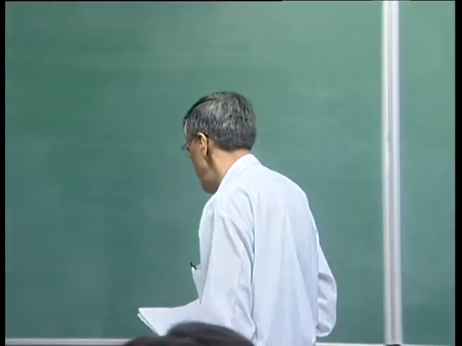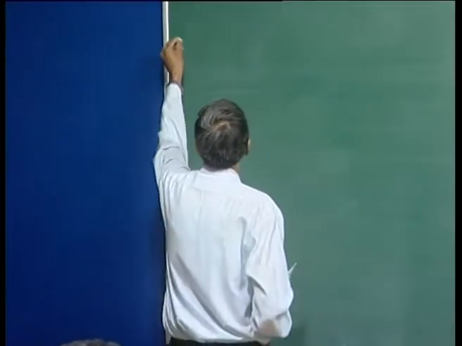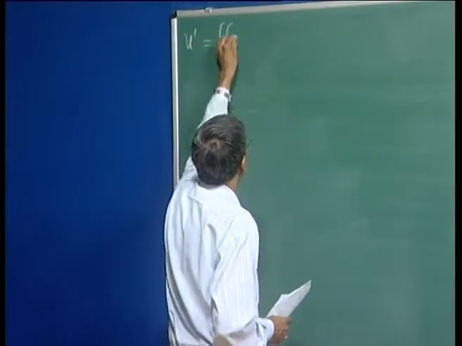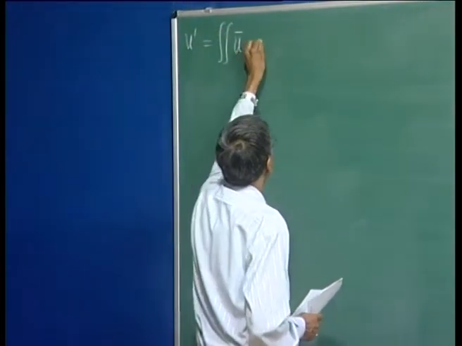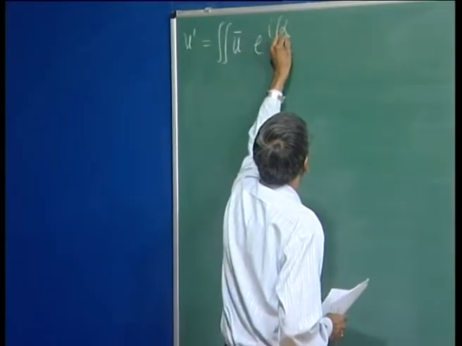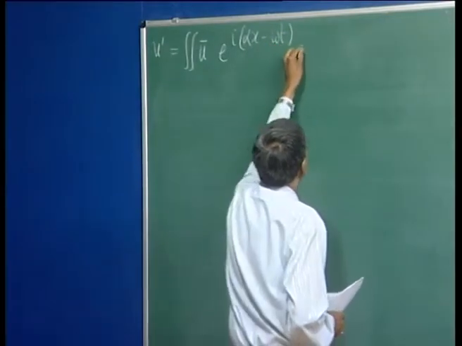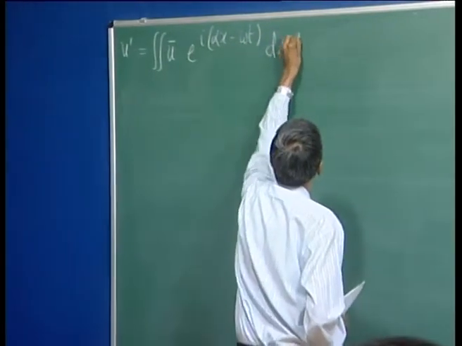Now, what we have written down is basically u prime as the double integral of u bar e to the power i alpha x minus omega t times d alpha d omega.